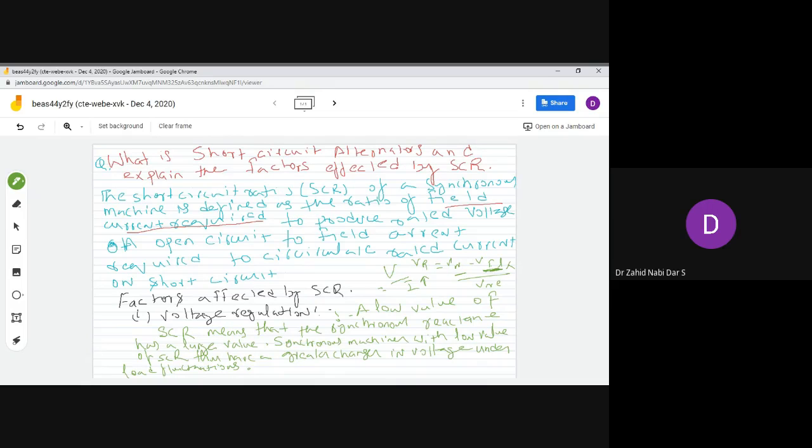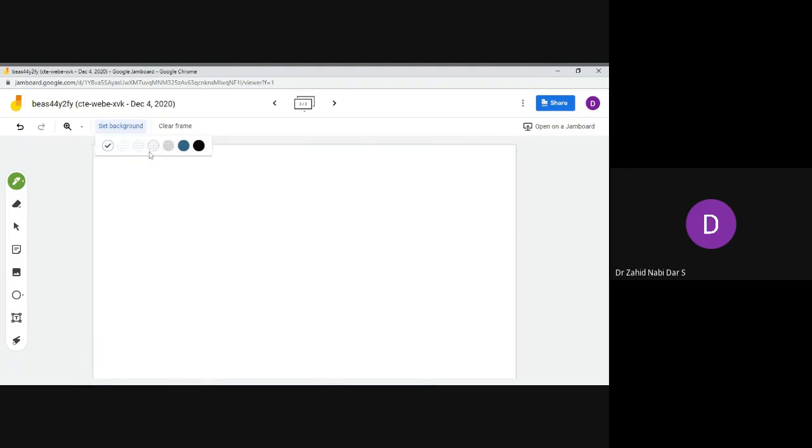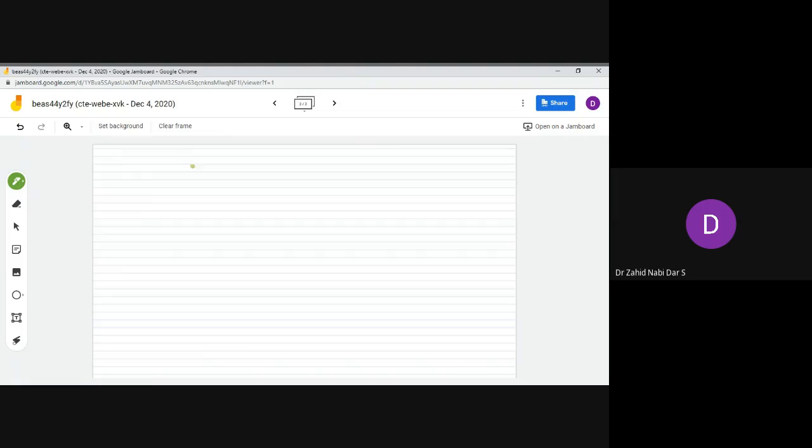I'll give you an example. Suppose you have a greater voltage regulation: this is 220, and you get this as, let's suppose, 110, divided by 220. So let's see the voltage regulation at that time.